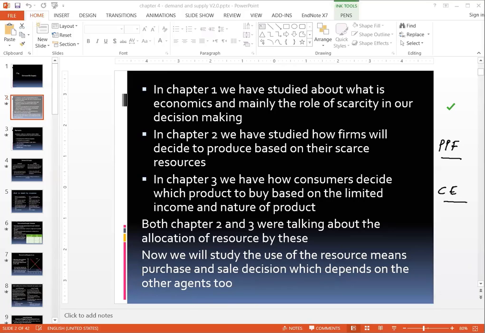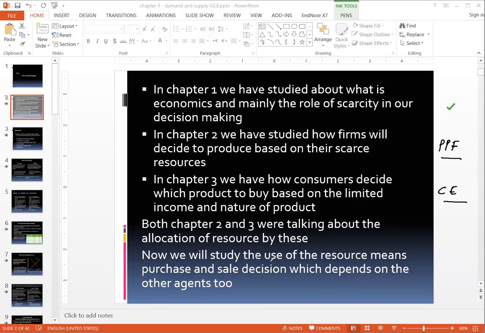Both chapter 2 and 3 were talking about the allocation of resources, meaning how the buyer is dividing his income for product A and product B, and in chapter 2, how the seller is allocating his resources between two outputs that he can produce.